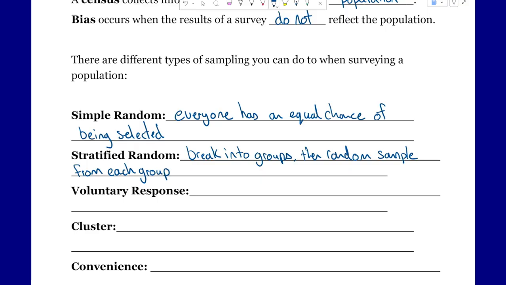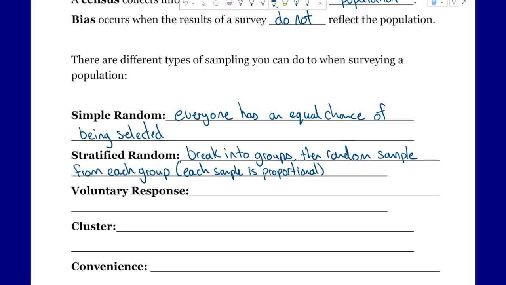So we break our population or sample up into groups, then we random sample from each group, and each sample is proportional.